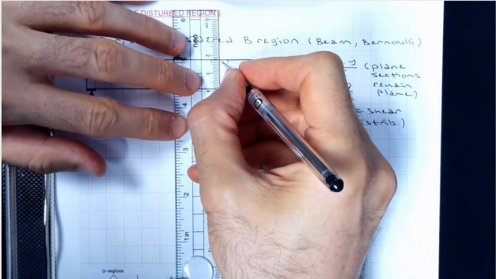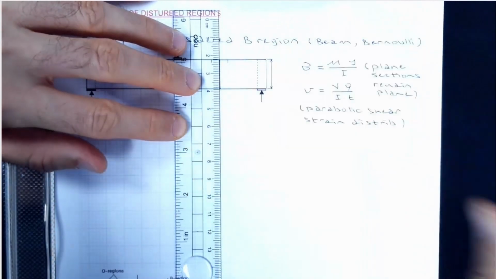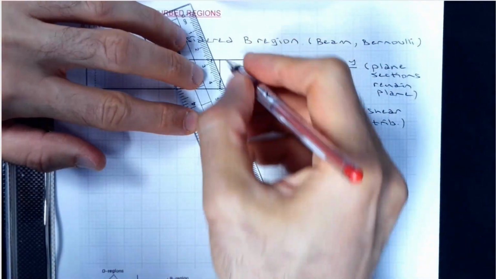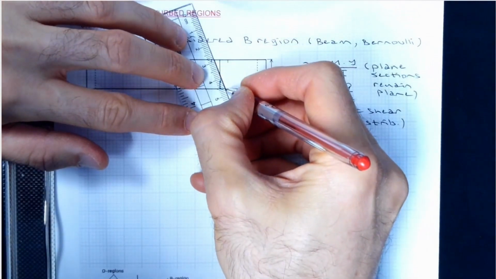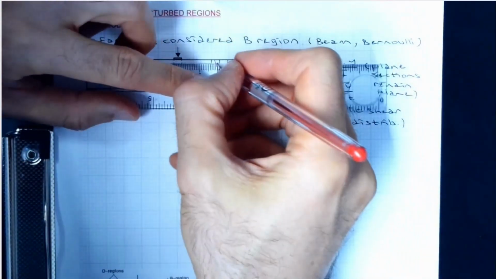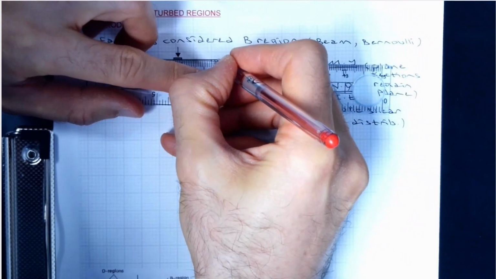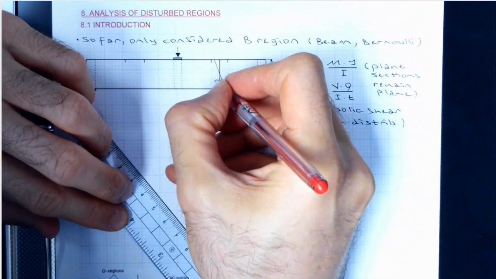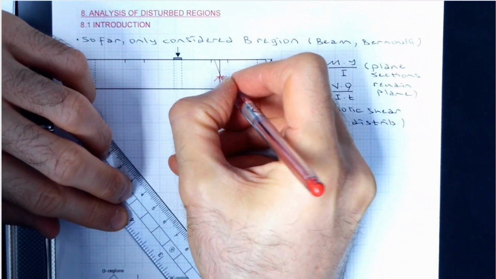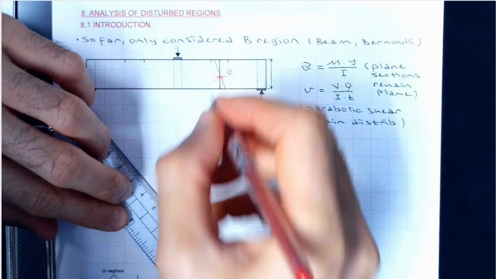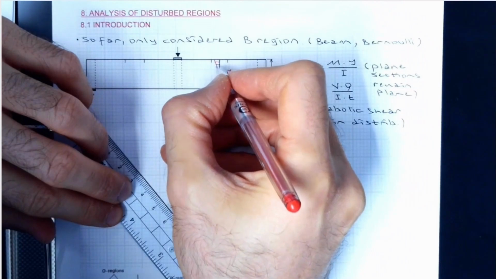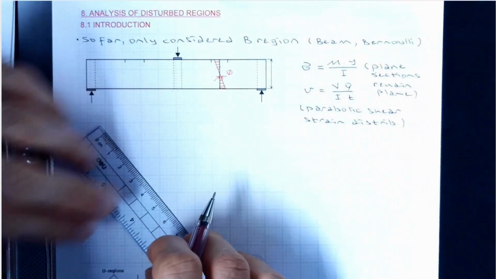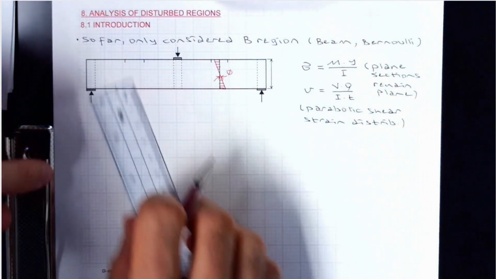Based on this, plane sections remain plane means that you have a stress as well as strain, especially strain distribution, which is linear, something like this, and you have a curvature which is shown by phi. So this is what you are doing for this.